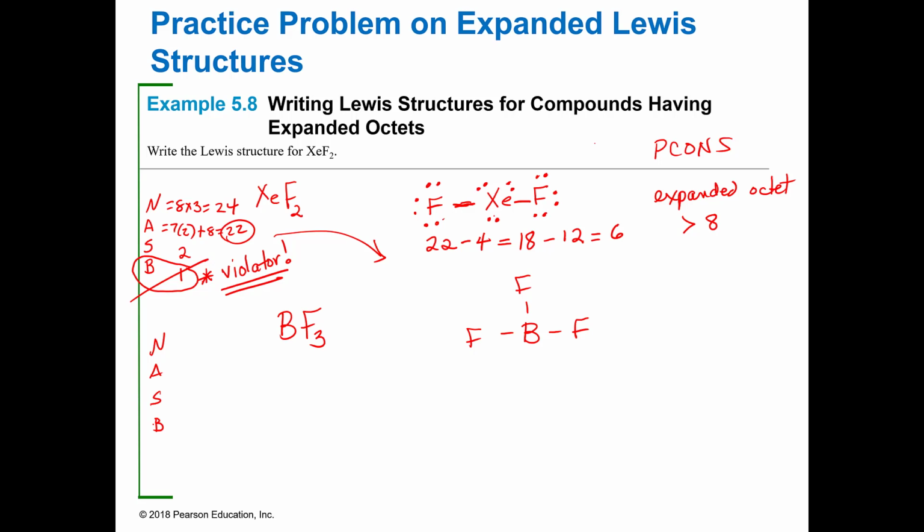I have 1, 2, 3, 4, so 8 times 4 is 32. And available, I have 7 times 3, and then boron has 5, I want to say.